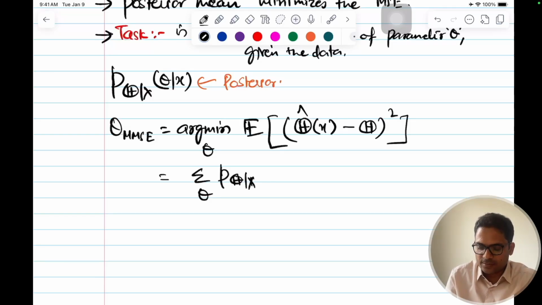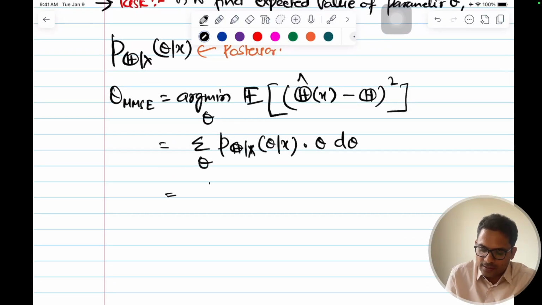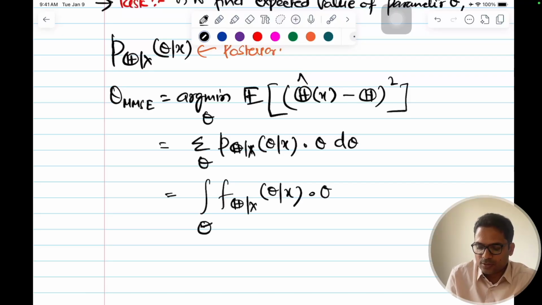Theta given x, theta given the posterior into theta d theta. This is for discrete, and if it is continuous, integral over theta of f of theta given x into theta d theta.